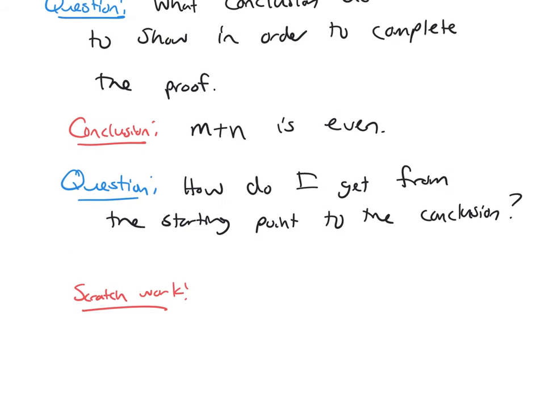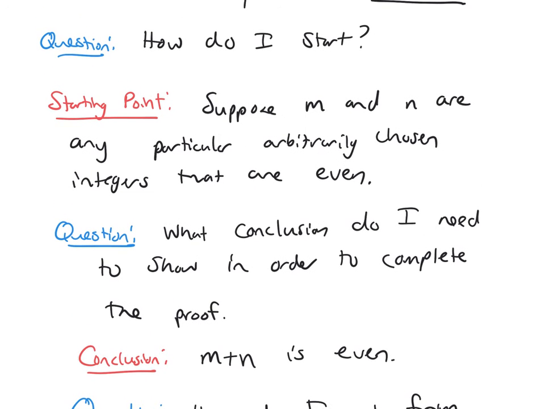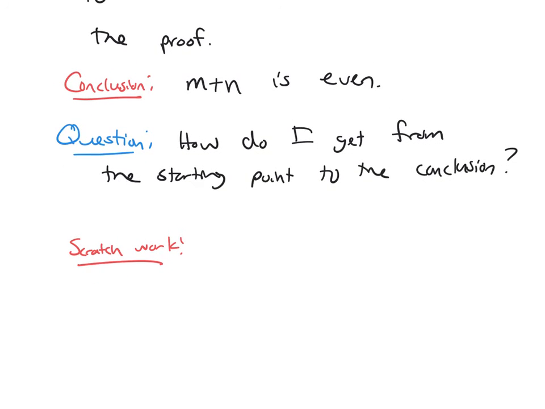So let's see, if I go back to what was the starting point, I assume that M and N were even. And we went over those definitions before. If they're even, that means they're 2 times an integer. So M is 2 times something, so I'll say 2 times R for some integer R. N is 2 times some other integer, 2 times S for some integer S.